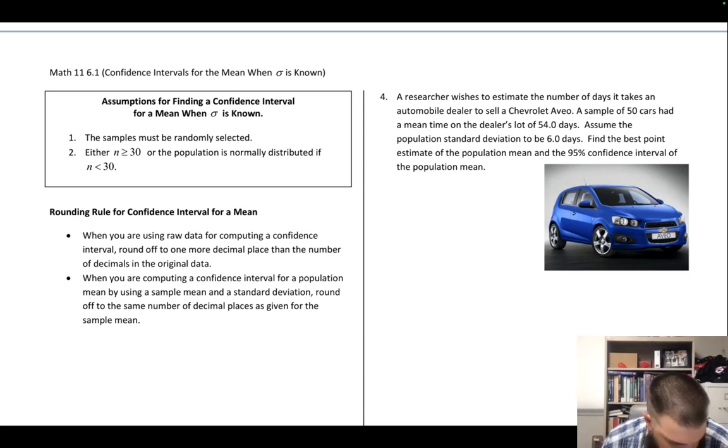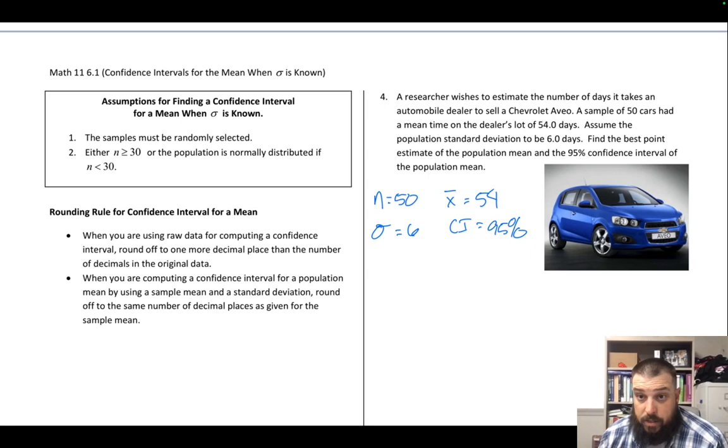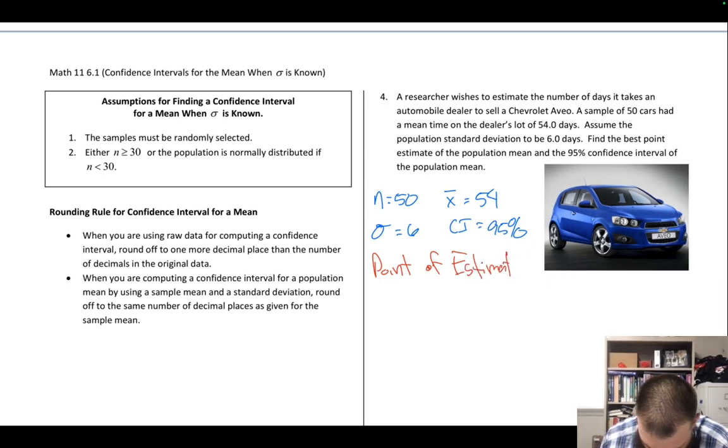So let's write down some of the information they give us. n is 50. Our sample mean was 54. Standard deviation was 6. And we want a confidence interval of 95%. So our point estimate is already given to us. The point estimate is just our sample mean, so it's 54.